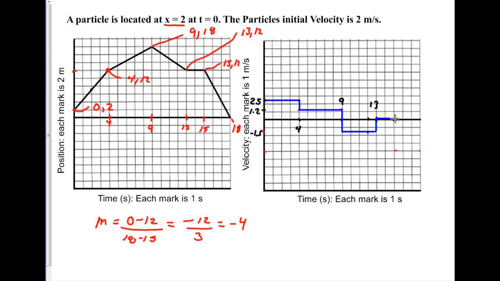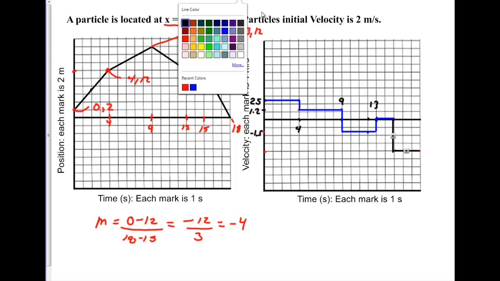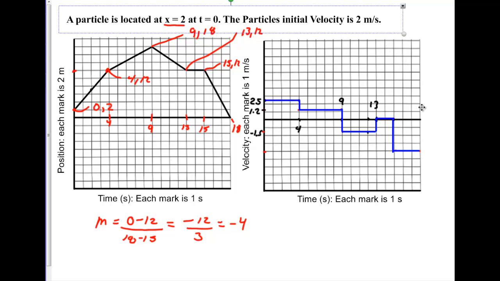We'll come straight down here, and we come straight over. And that's it. That is your velocity versus time graph. Now you could go ahead and label this as negative 4 to be consistent.